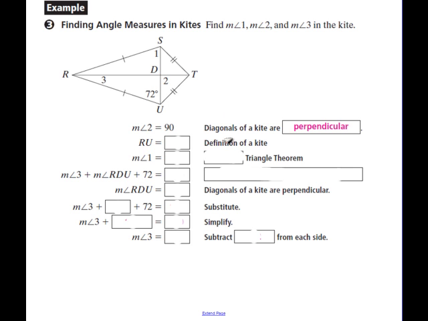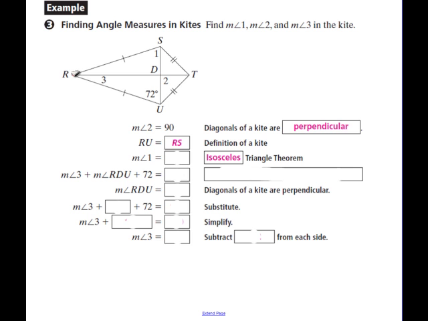If we look at a kite, we know that two of the adjacent sides are going to be congruent. In this case, the way that it's labeled, RU is going to be congruent to RS. It's marked up there, and that's part of the definition of a kite. And so when we look at the isosceles triangle theorem, RU and RS form 2 legs of an isosceles triangle.